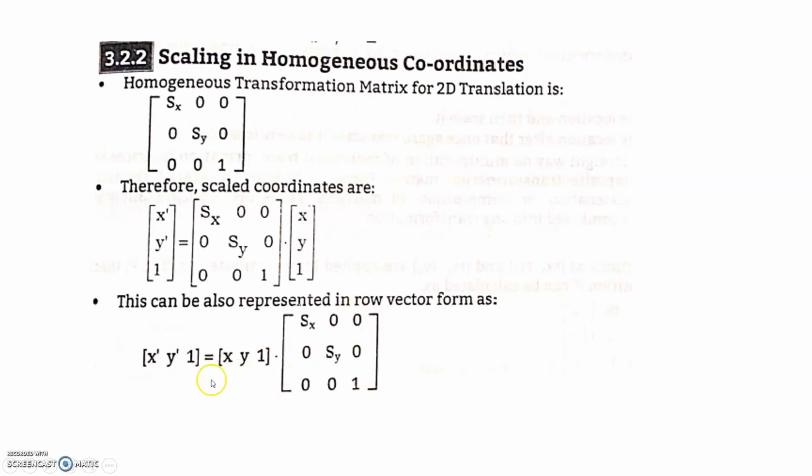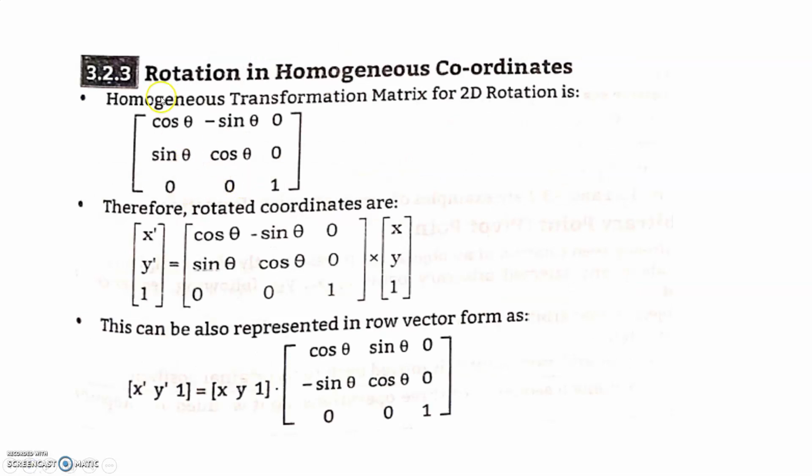The next is rotation in homogeneous coordinates. The homogeneous transformation matrix for 2D rotation is cos theta, minus sin theta, 0, sin theta, cos theta, 0, 0 0 1. Here you have to add 1, and this 2D matrix you have to transform into a 3D matrix by adding a unit value w equals 1.